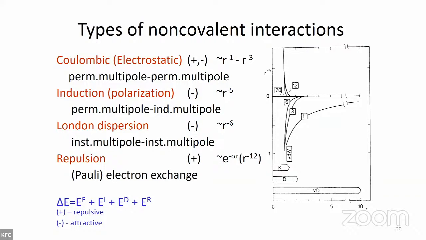But in general, if you look into the basics of how those interactions are formed, you come up in the end with these four. The first one is electrostatic. You have two permanent multipoles, and depending on what type of multipole it is, if it's a monopole like a charge or a dipole like water, then it's different in strength.